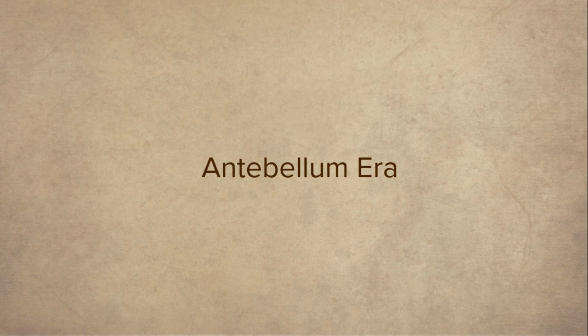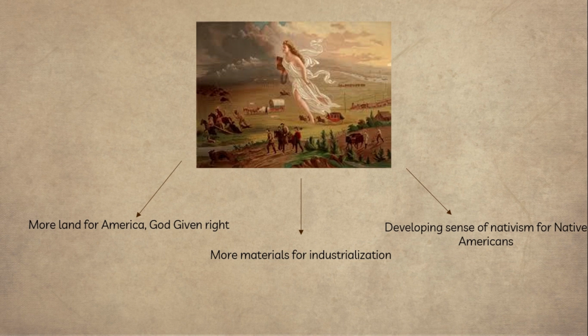Now we move on to the antebellum era, the significant events that occur in this time period, where all you guys have to recognize this document. It's Manifest Destiny, of course, and this document really is encapsulating everything that Manifest Destiny holds, where we have this angelic figure holding the Bible, presumably, leading the charge of the American people forward onto the Native American lands, leading all of them forward towards this new discovery, these new lands that they're going to take over.